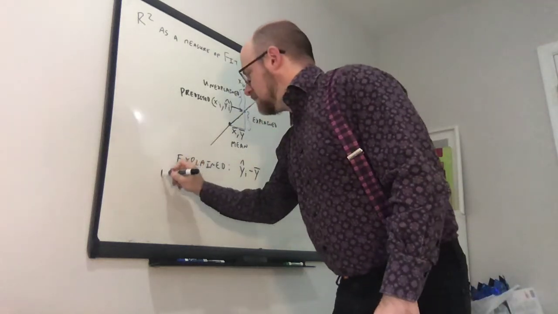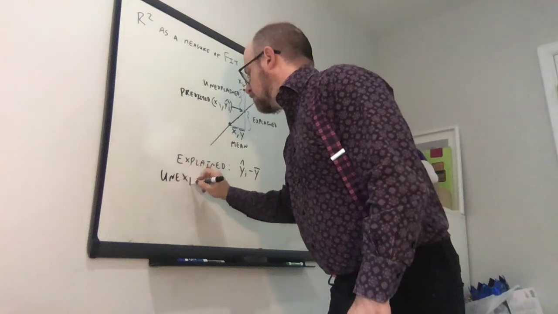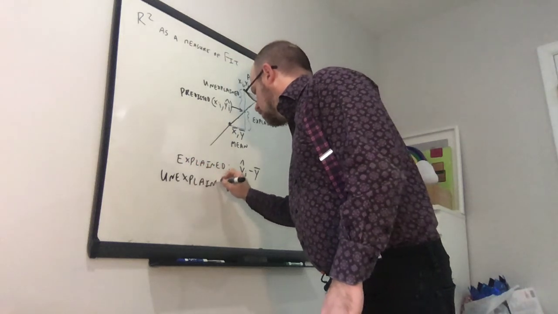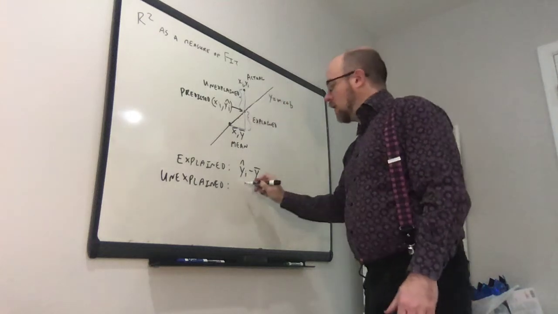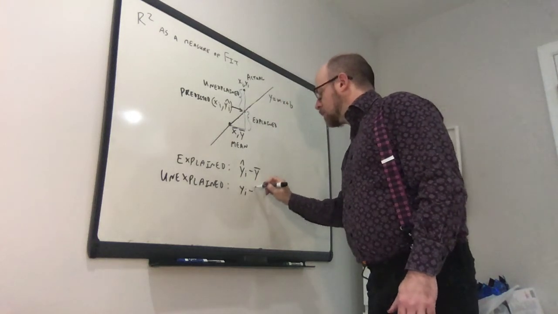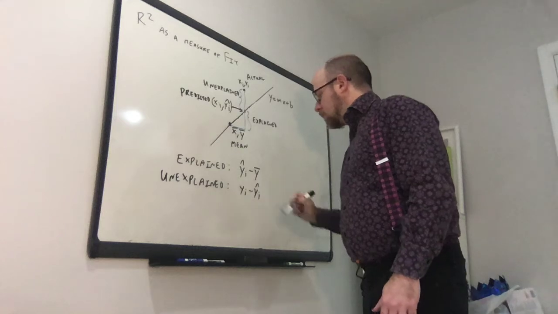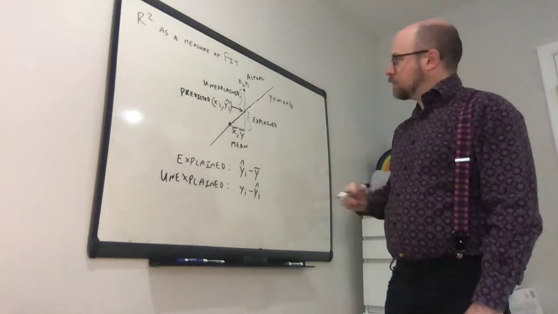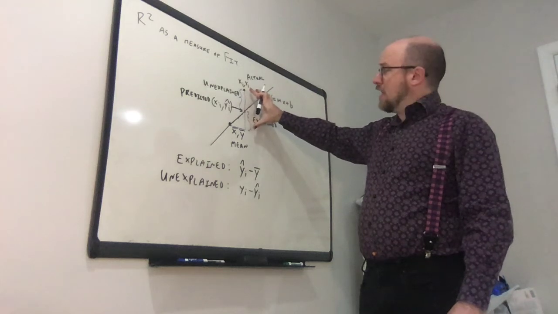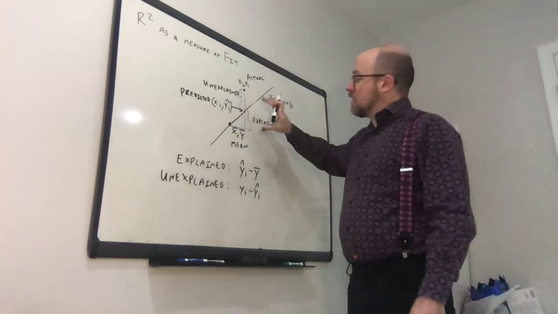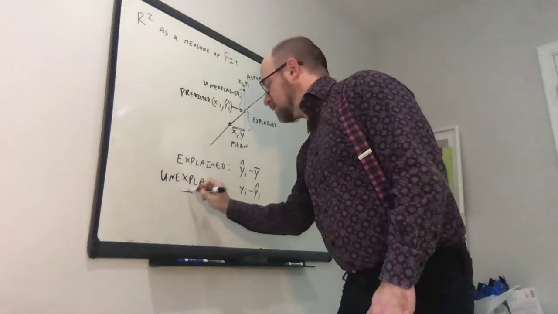The unexplained error is this part between yi and yi hat. And then if you think about the total distance, how far is yi from the mean itself?